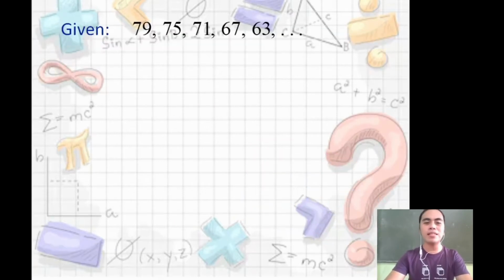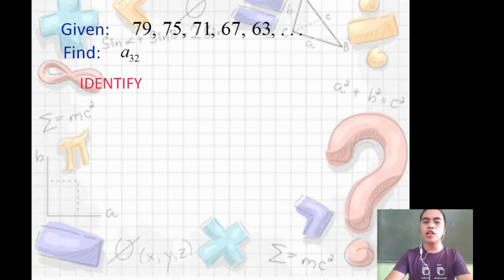So here is an example of arithmetic sequence: 79, 75, 71, 67, and 63. And you are to find the 32nd term using the recursive formula.